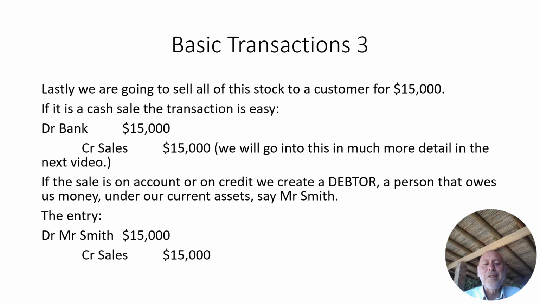And then turn it into a non-cash transaction. Because cash is easy. Money into our bank is a debit. That's a receipt. Money out of our bank is a credit. And then you've always just got to find the opposite side of the entry. So it's quite easy. It's simple logic.